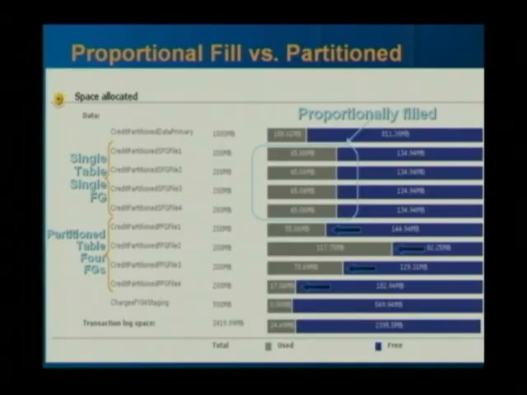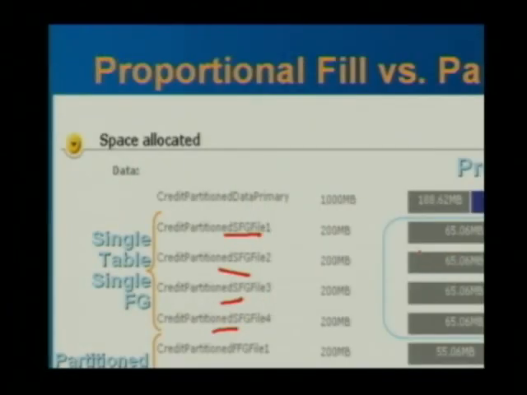So this is actually a 2000 diagram, but I like it because I want to differentiate the two types of environments that you're working in. You can have one table on one file group that consists of, let's say, 4 files. So if I create 4 files, and then I put one file group over them, and then I put data in it, let's say one table of a year's worth of data, then I will end up having all of January here, February here, March here.